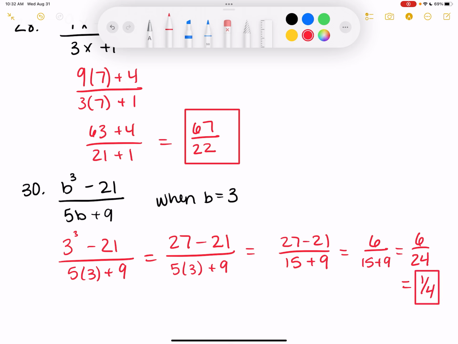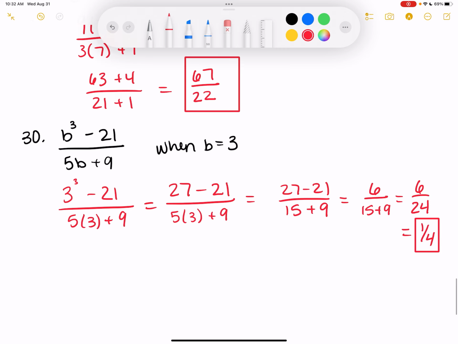Awesome. Any questions about any of these ones? Pretty good with PEMDAS overall. All right. So I think what we're going to do is I am going to give you some problems.